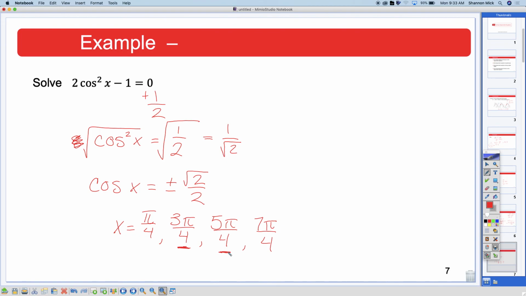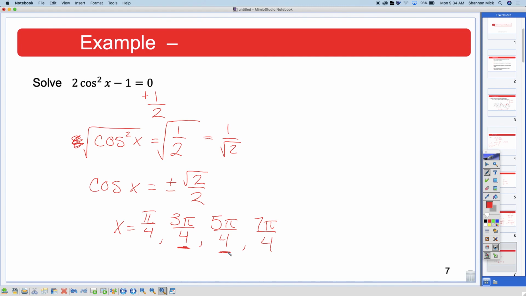Now, we should always check and make sure it's going to work, right? Okay. So when I put either of these in here, whether it's the positive or negative, and I square it, I'm always going to get a positive number, yes? So if one works, should they all work?